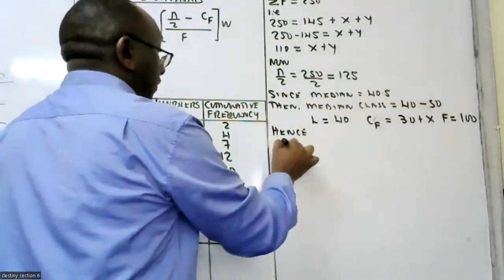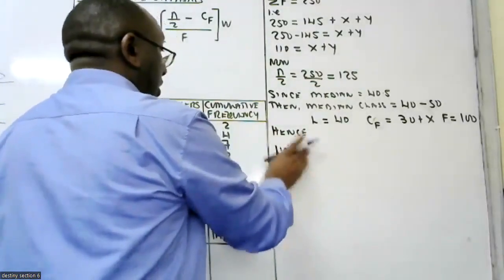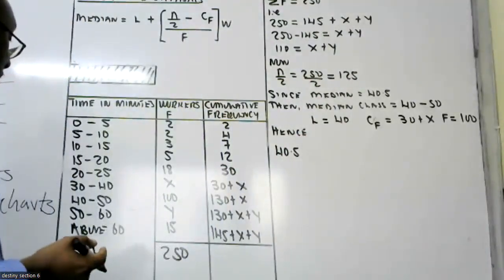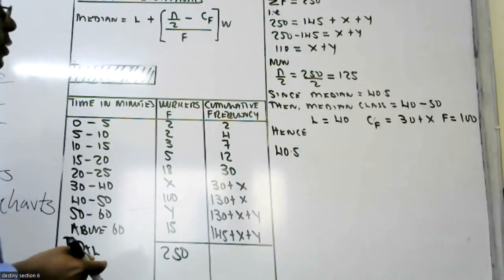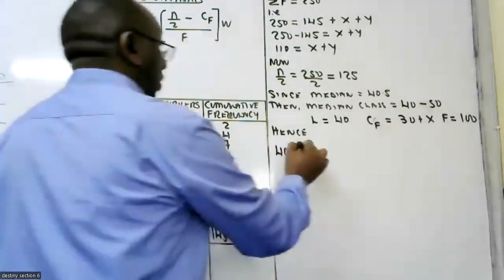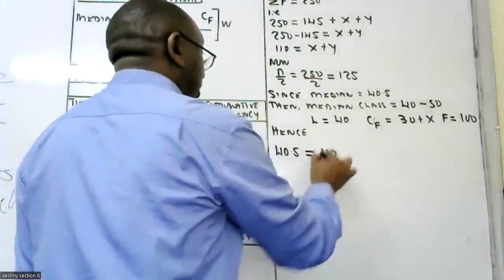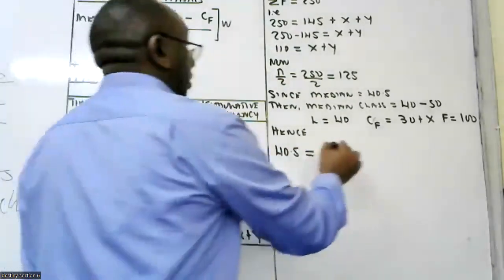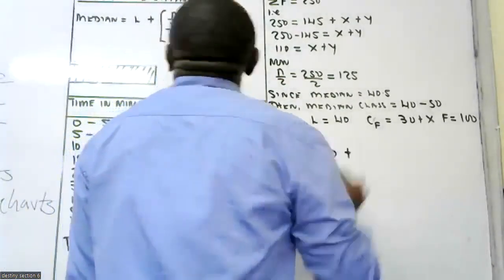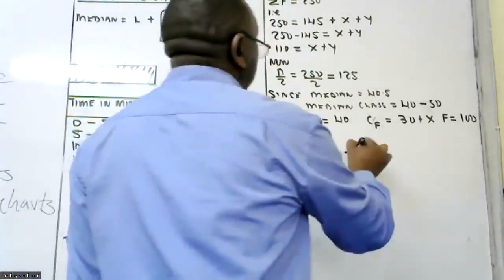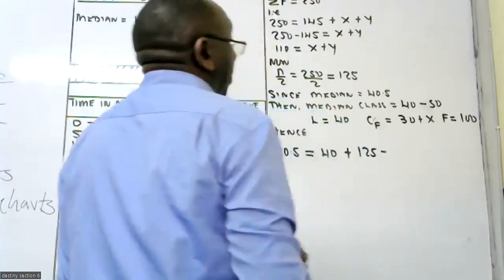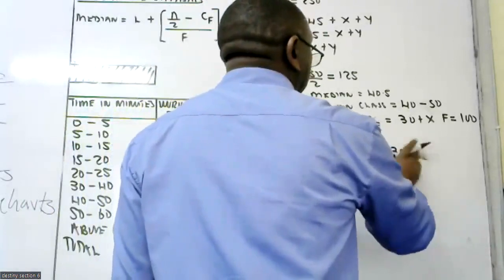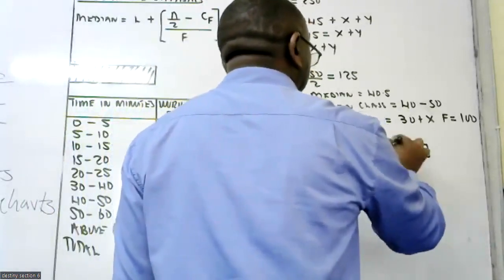that 40.5 equals, using the lower limit, 40 plus n out of 2, which is 125, minus the cumulative frequency 30 plus x.